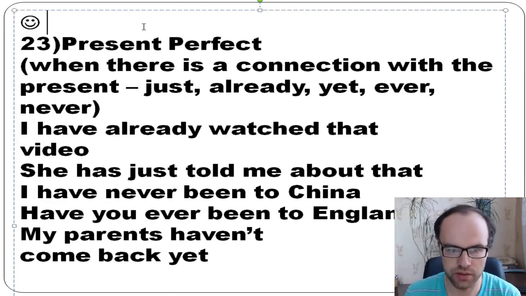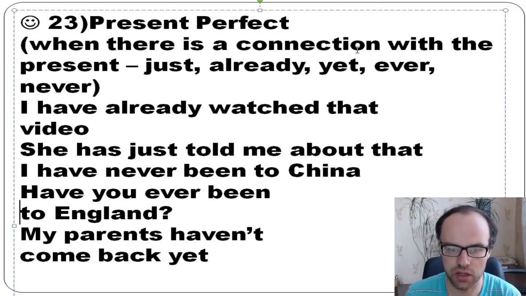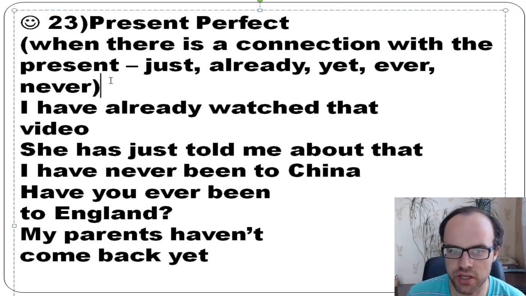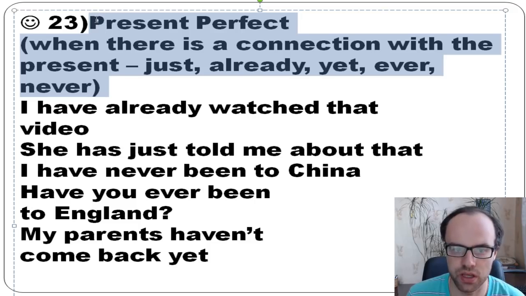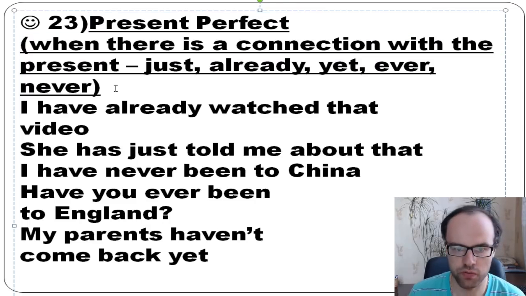So you see, when there is a connection with the present: just, already, yet, never. And you also remember, I hope so, how we form it.